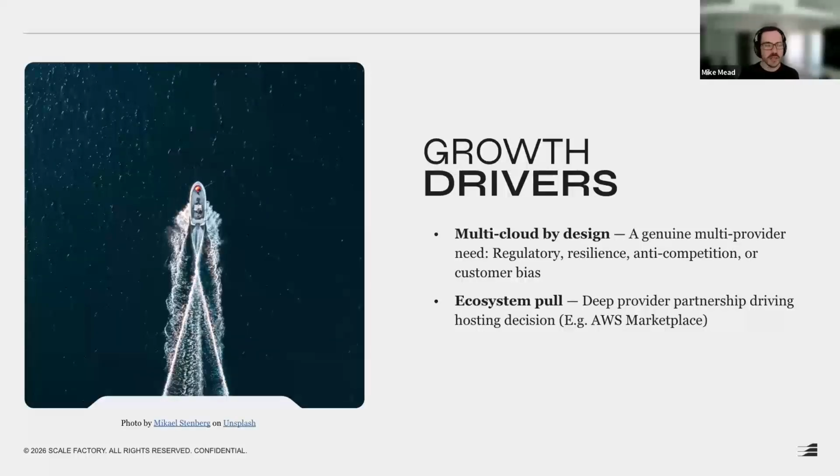And then the other thing that I've seen quite a bit, especially over the last couple of years, is partnership relationships with these cloud providers.